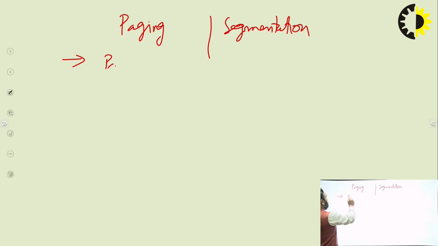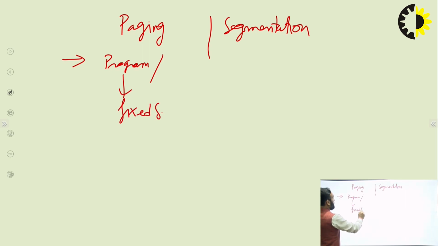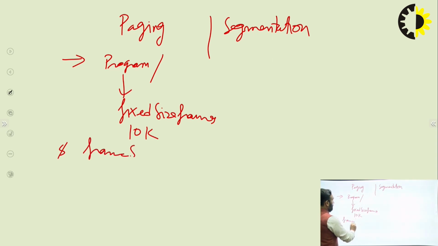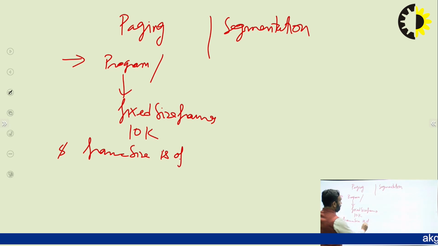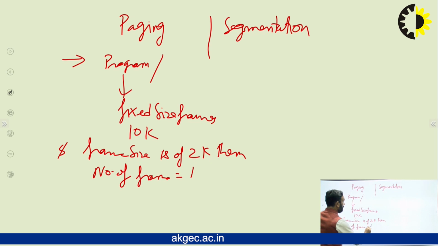In paging, a program is divided into fixed-size frames. What does it mean here? For example, as I said in the previous example, if we have a program of 10K and the frame size is 2K, then the number of frames required is 10 by 2.